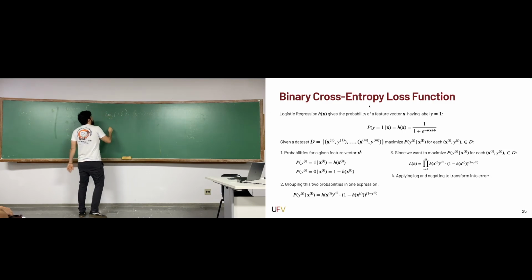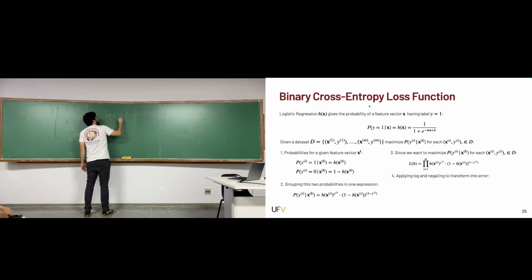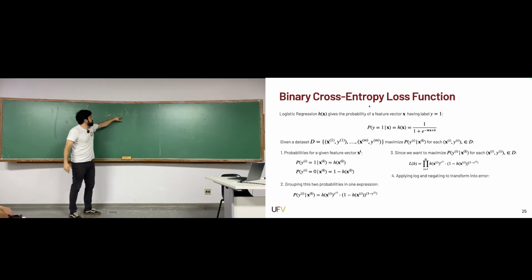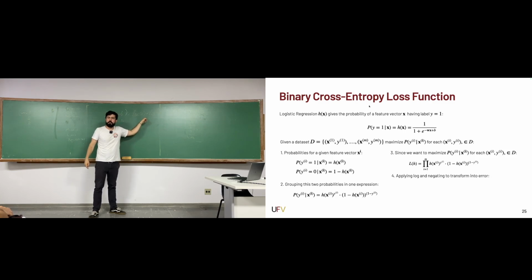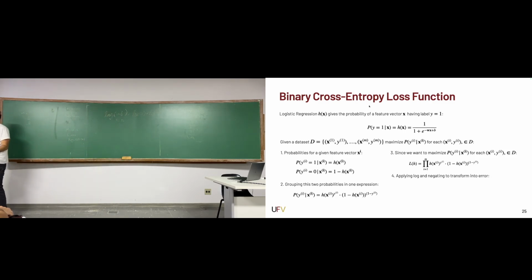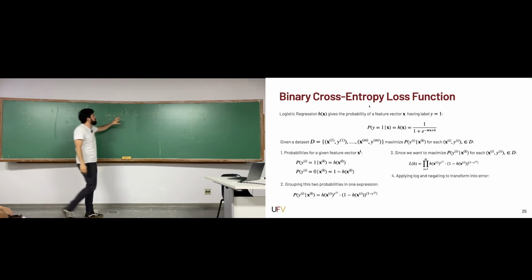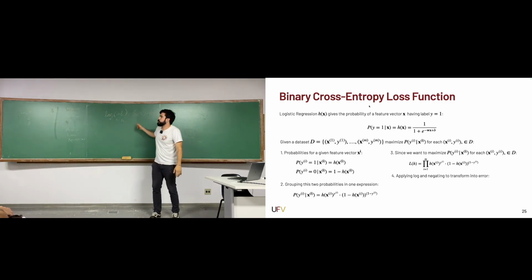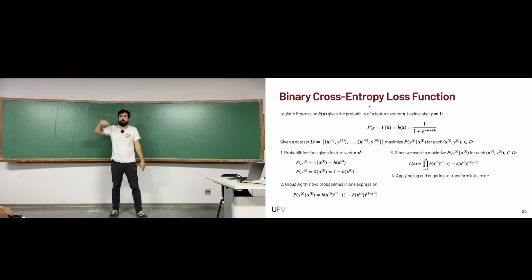So if I had P1 and P2 here, two probabilities, instead of now dealing with multiplication, I'm dealing with summation. So you see that in computer science, when you're dealing with probability functions, we normally use the log of the probabilities because of that. We can transform that sequence of products into a sequence of sums.